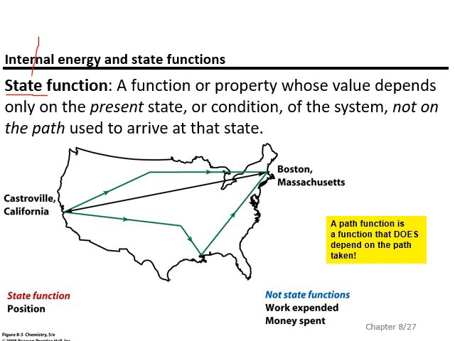So the internal energy of a system would be a state function. For example, if my temperature was 98.6 degrees Fahrenheit, then that means that's how much energy I have, and it doesn't make any difference how it got there.